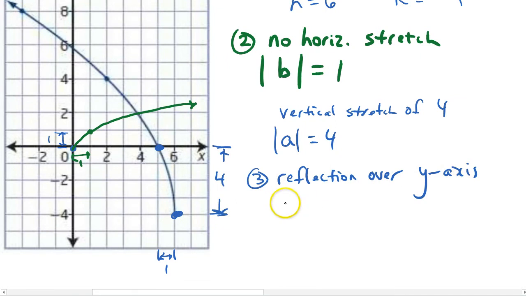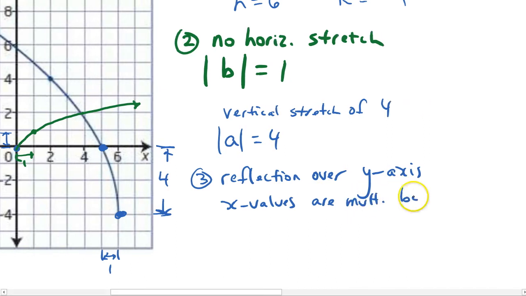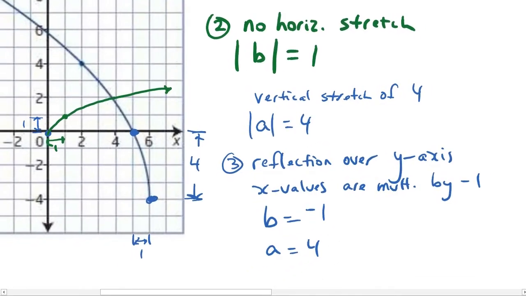In other words, the x values are multiplied by negative 1. And the x values, that's the b. Okay, so b is going to be equal to, the absolute value of b was 1, and we weren't sure whether it was positive or negative 1. It will be a negative 1. Okay, so we have a is equal to 4. So there's no other reflection.